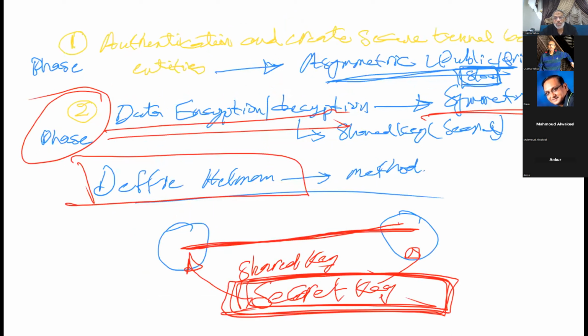Certificates management, these are the certificates. And who will do the certificate management here, gentlemen? The entity which will do the certificate management is the certificate authority.